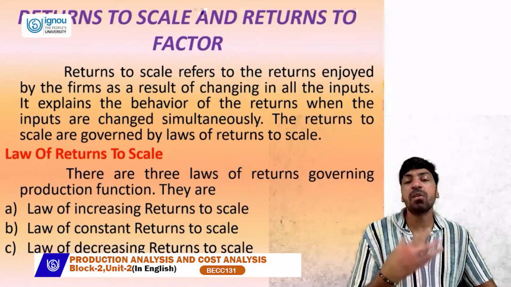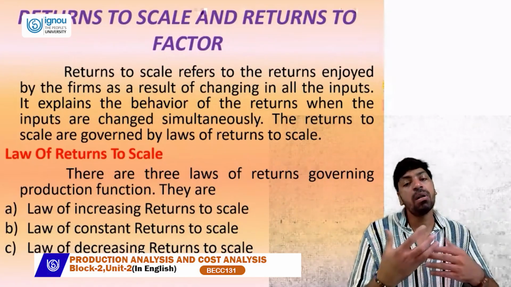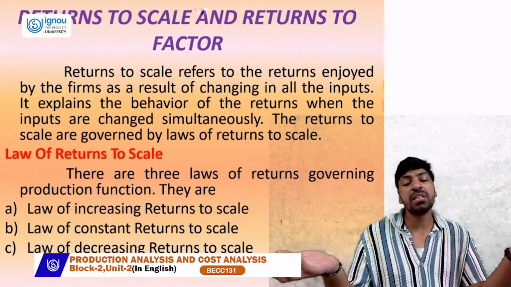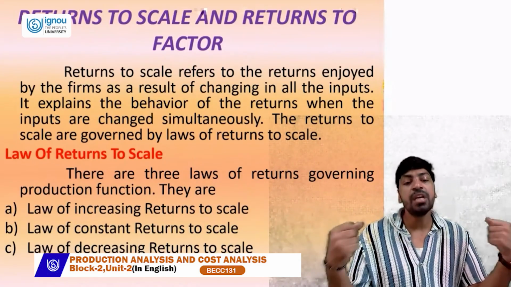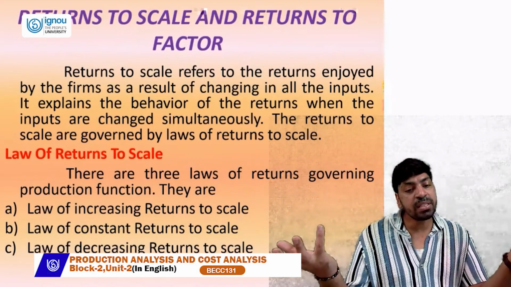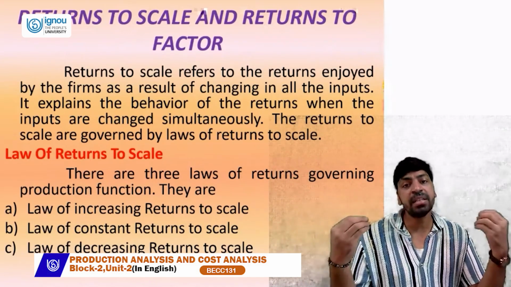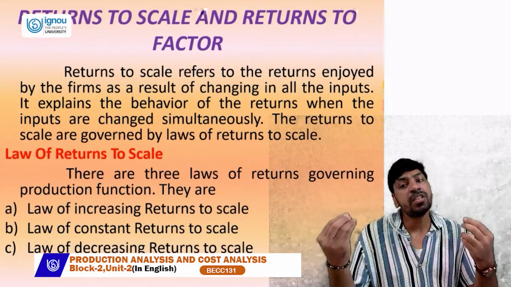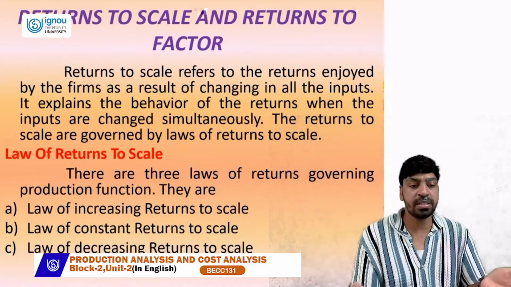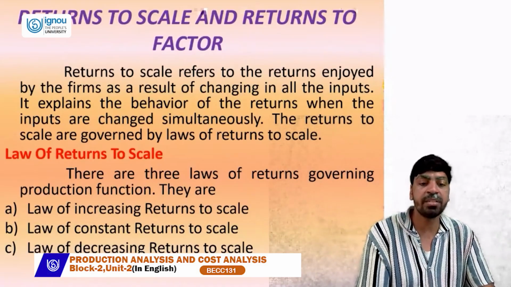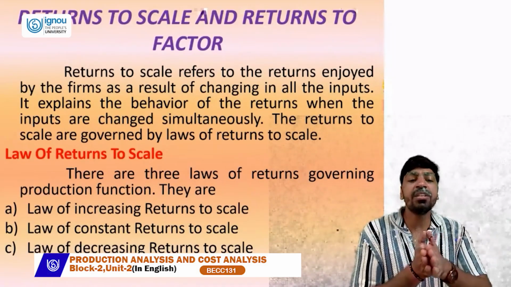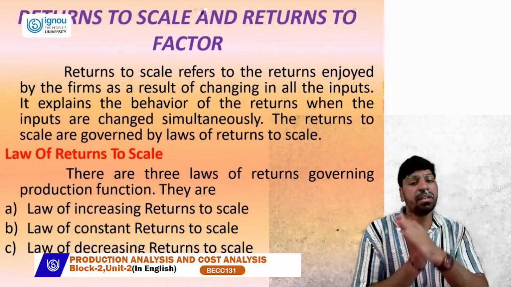Returns will be constant if there is no change in all the inputs. Returns will decrease if there is a diminishing change in all the returns, and that's called the law of decreasing returns to scale. So it's related to the returns and the inputs.